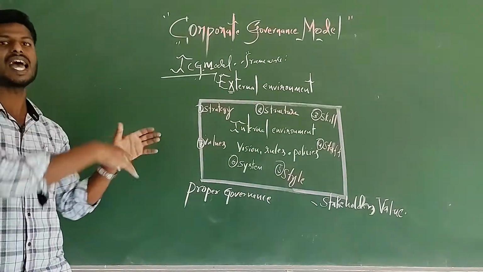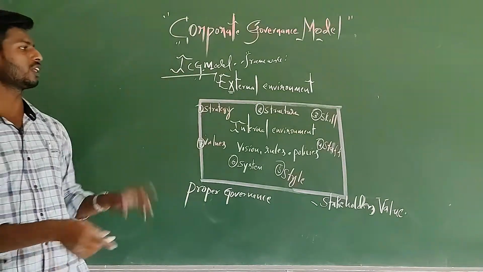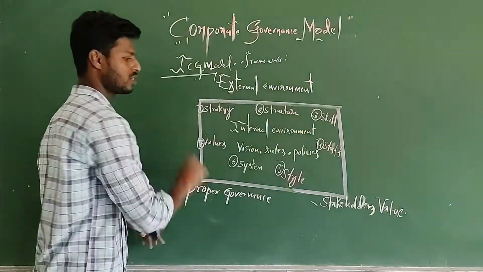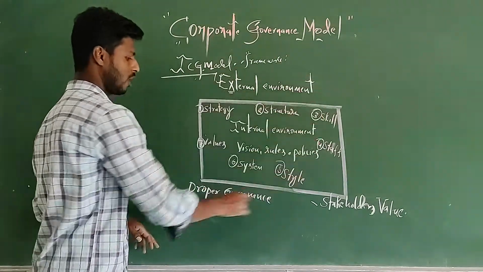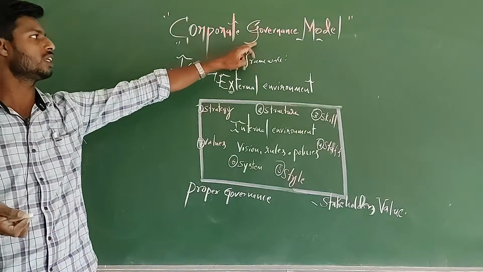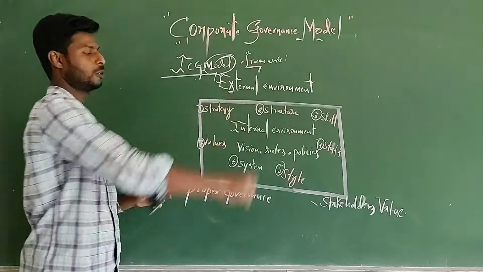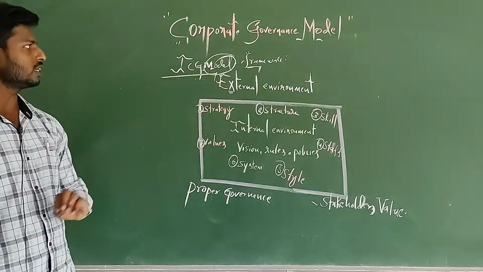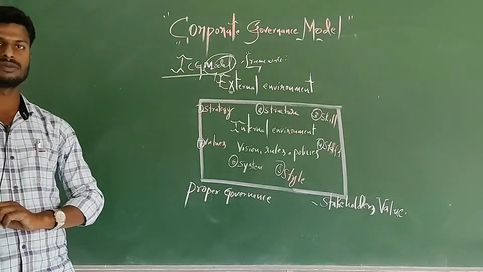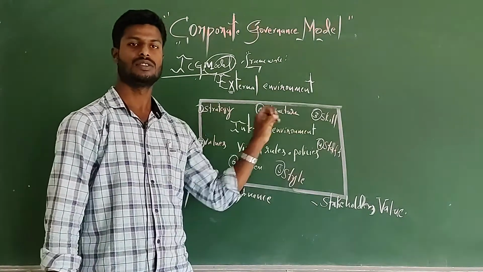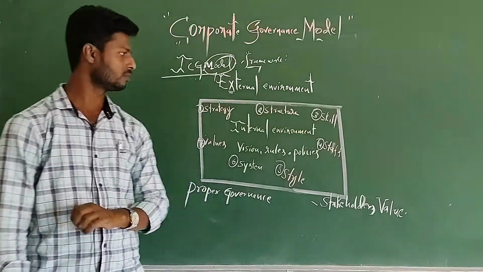Framework means the in and arounds of corporate governance. The in and the surrounding aspects of corporate governance is called corporate governance model or framework. See, this is the Indian corporate governance model, one of the most accepted corporate governance models.